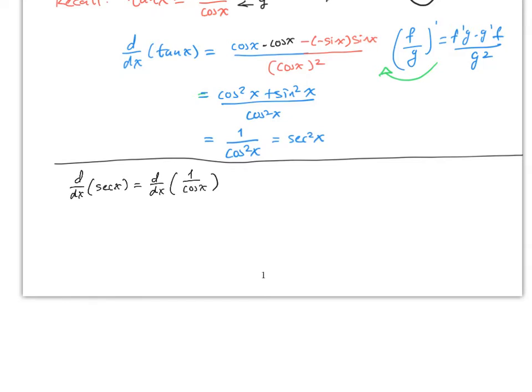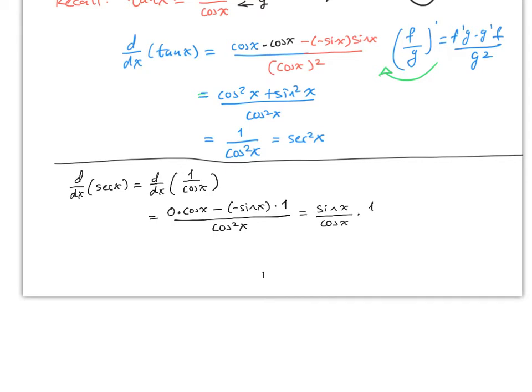If we use the quotient rule again, this will be equal to the derivative of the first one, which is 0, times cosine x, which still gives you 0, minus the derivative of cosine, which is minus sine, times 1, divided by cosine squared. This is the reason why you had to take trigonometry, to simplify these things. So this is the same thing as sine x divided by cosine squared.